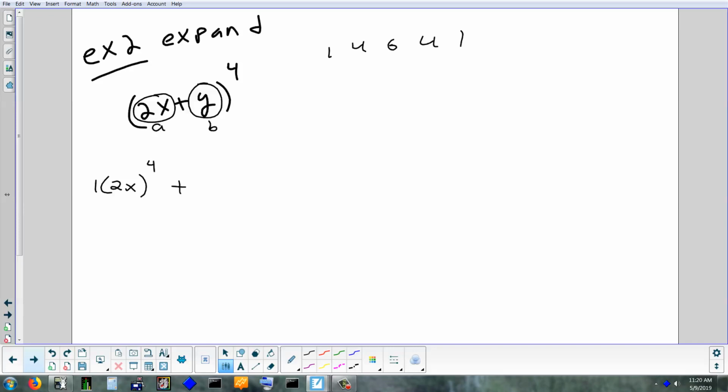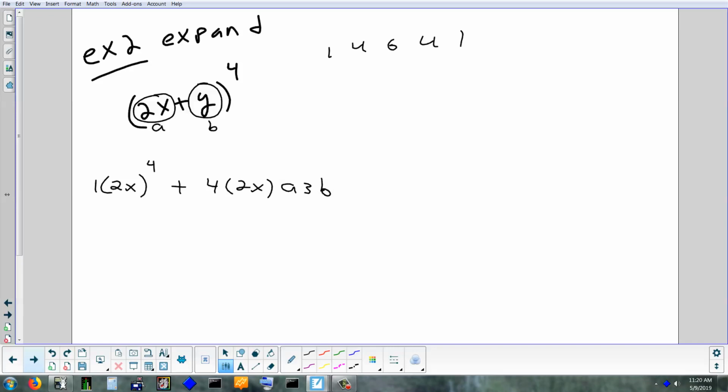Okay. Plus, how about, Nate, what's my next coefficient? It'd be 2x, or it'd be 6, no, not 6, we're on row 4. 4 in parentheses, 2x, and then A, 3, B, just B. I like the 4 and the 2x.